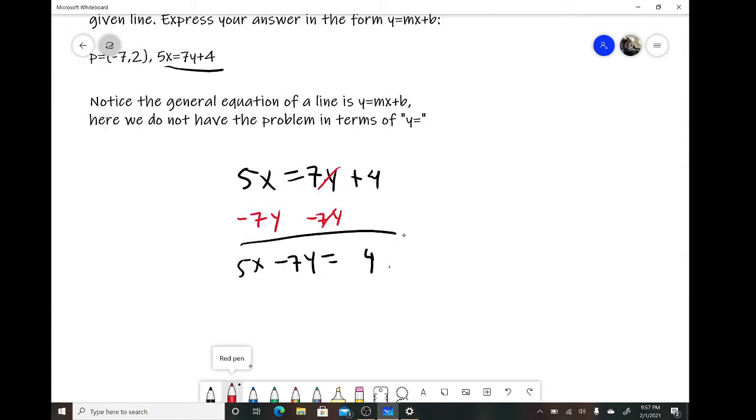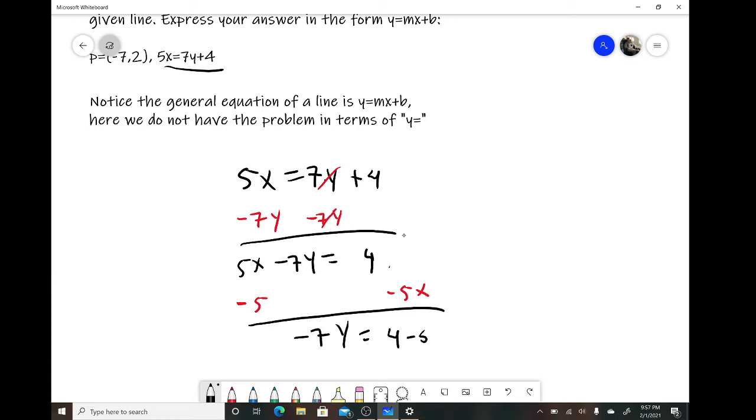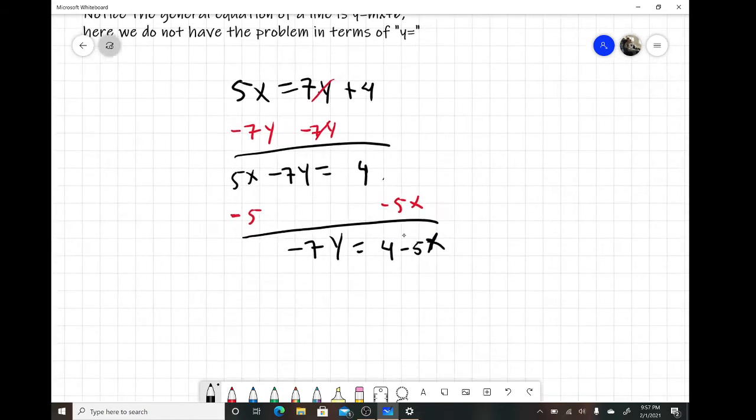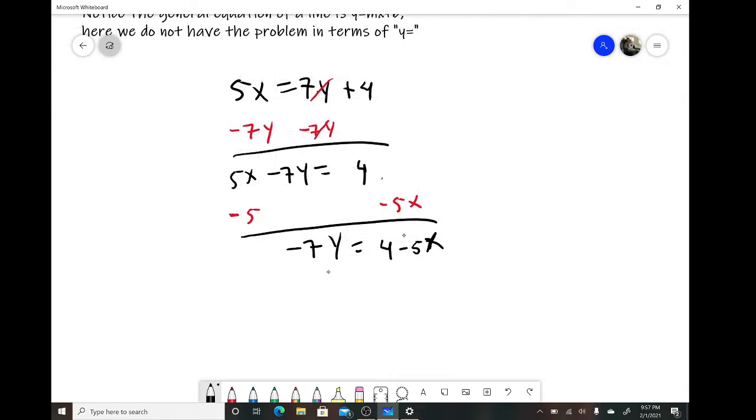Now what I can do is subtract the 5x from both sides, and I'll have negative 7y equals 4 minus 5x. Now, to isolate the variable y, I will divide both sides by negative 7.